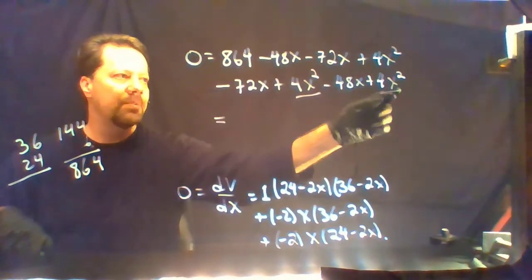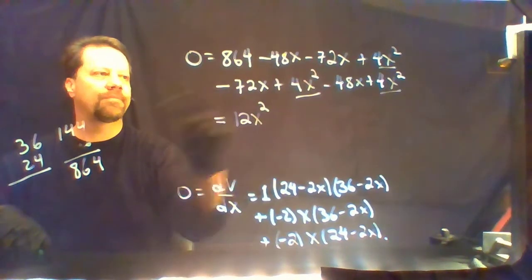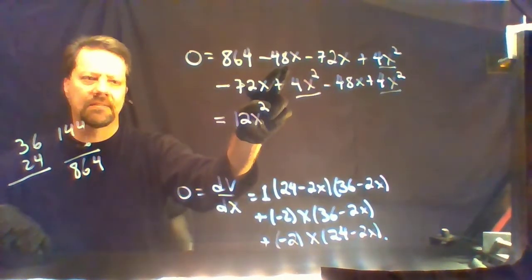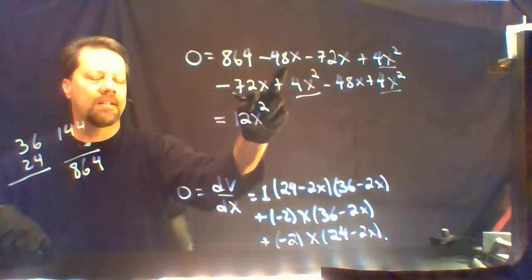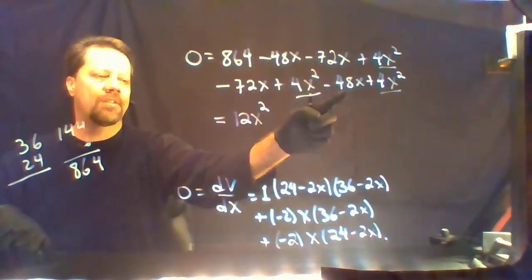The x squared terms add up to 12x squared. What is 72 and 48? 70 and 40 is 110, plus another 10 is 120. We'll have another pair like that too.